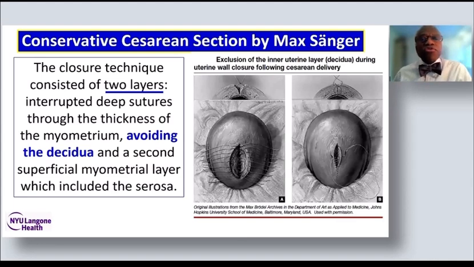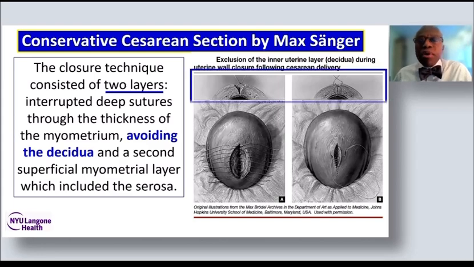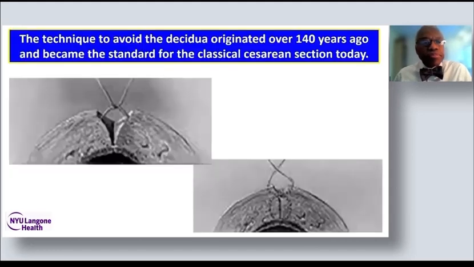The conservative cesarean section by Max Sänger included a closure technique which consisted of two layers. The first layer consists of interrupted deep sutures through the thickness of the myometrium, cautiously avoiding the decidua, and a second superficial myometrial layer, which included the serosa.